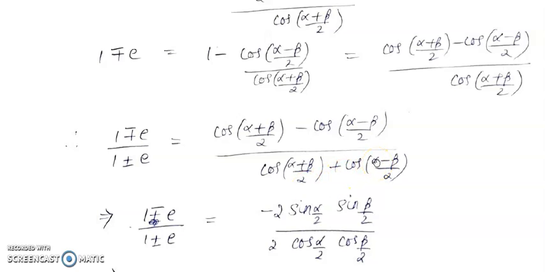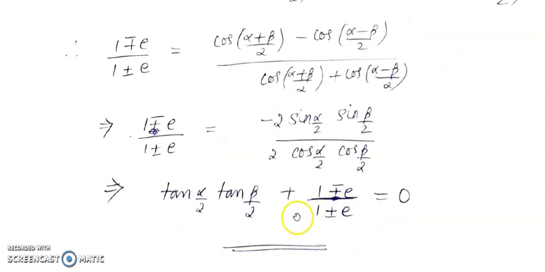That will give 2 cos alpha by 2 cos beta by 2. So 2 will cancel off. You have sin by cos with the same angles. So this is tan alpha by 2 and tan beta by 2. So you have minus tan alpha by 2 and minus tan beta by 2. So take it to the left side. So this will give us the required equation.